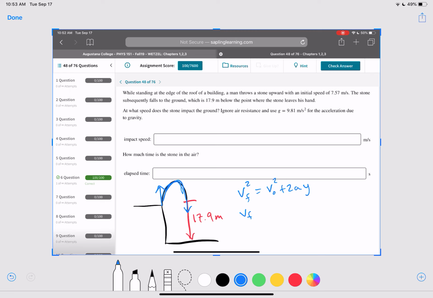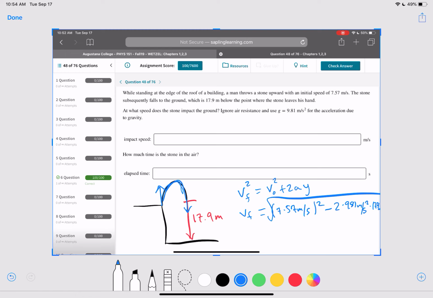So the final velocity that it hits the ground is going to be equal to the square root of 7.57 meters per second squared plus, in this case, minus 2 times 9.81 meters per second squared times 17.9 meters. Boom. Square root all that. That's going to give you the final velocity just before it hits the ground.